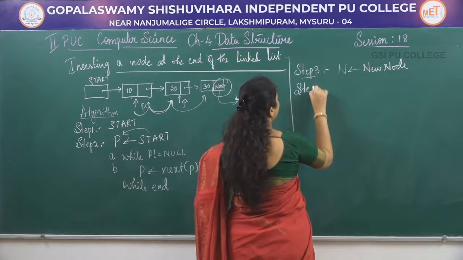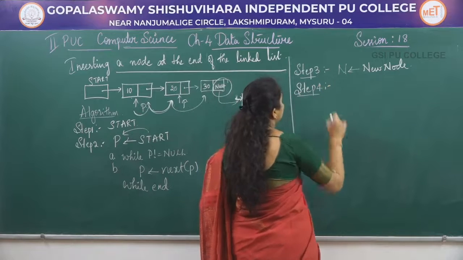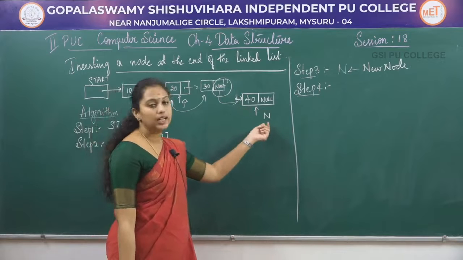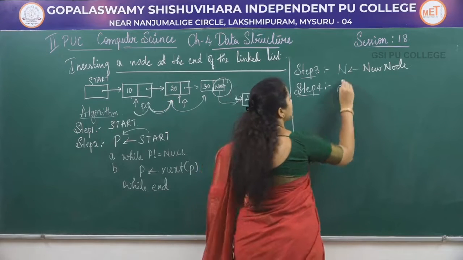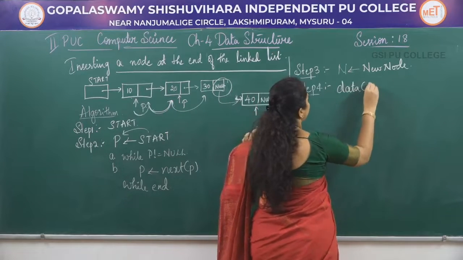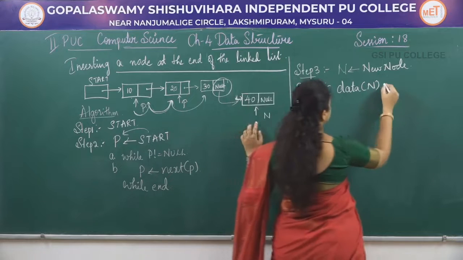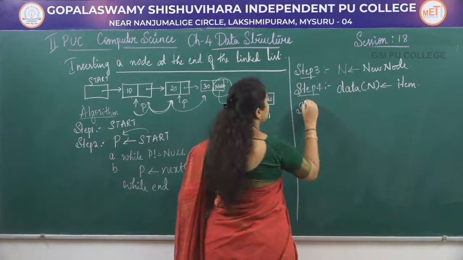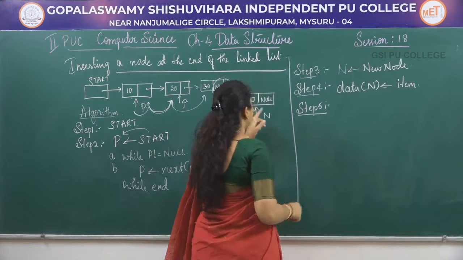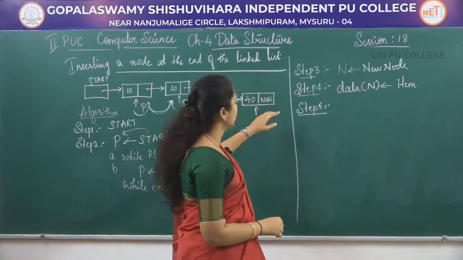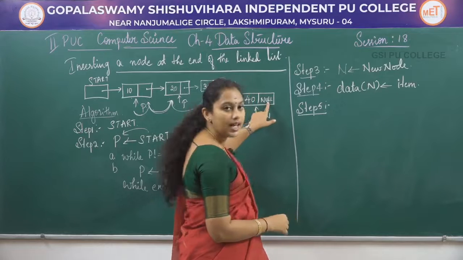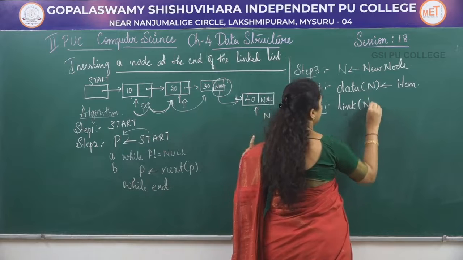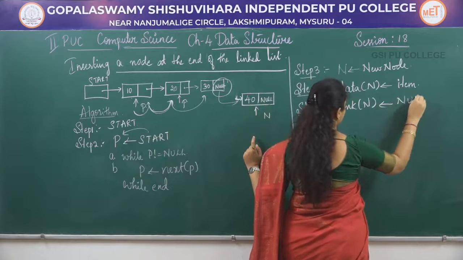In step 4, I am going to insert data into the data part of n, that is data of n is item. In step 5, in the link field of the new node, I am going to insert null. So that is link of n will be null.